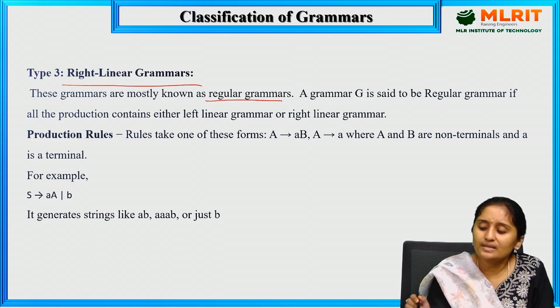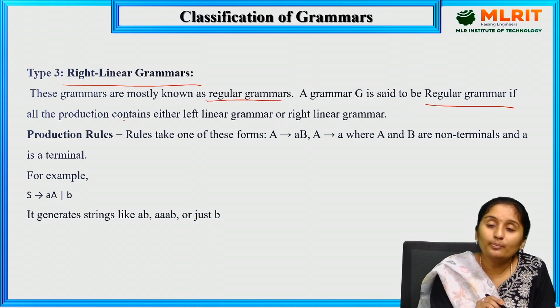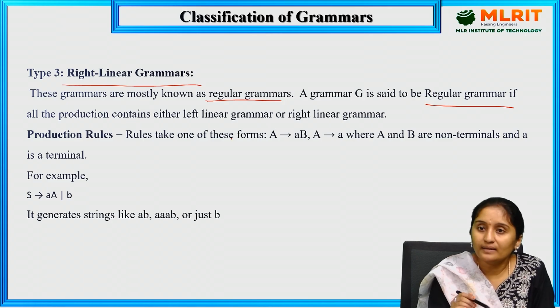So a grammar G is said to be a regular grammar if all the productions are either left linear grammar or right linear grammar.